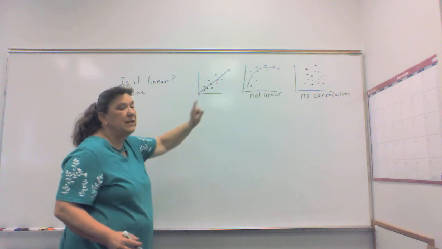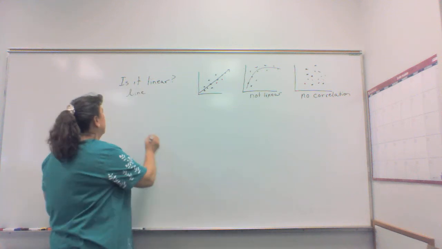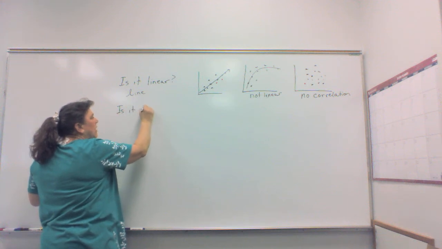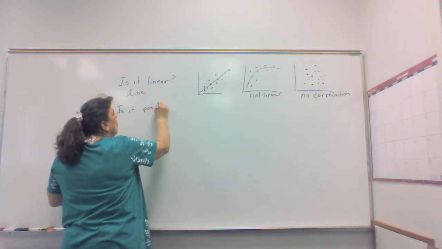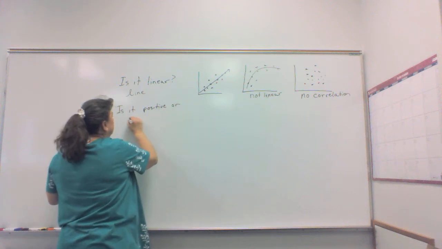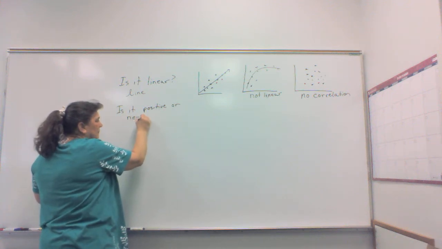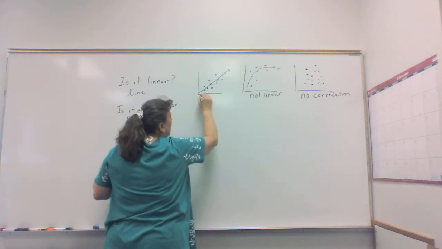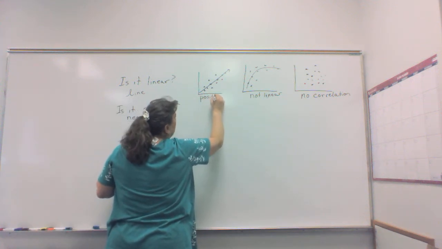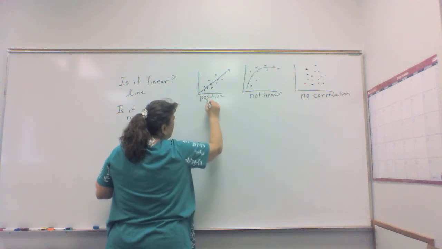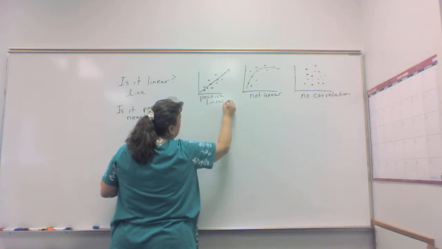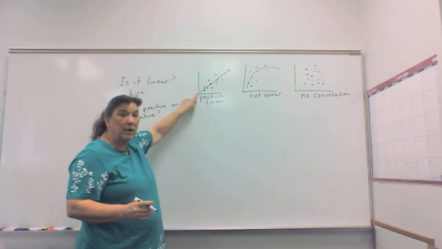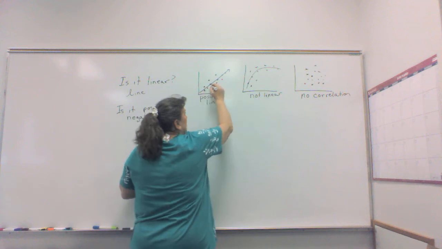So is it linear is the first thing you're going to ask yourself. The next question is, is it positive or negative? The first one we did here would be a positive linear correlation, because my line, as you move from left to right, is going uphill.